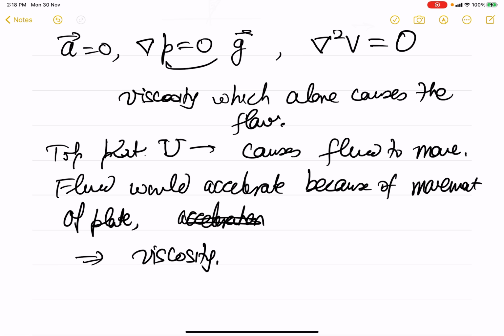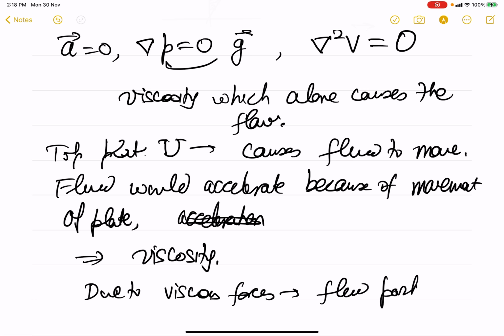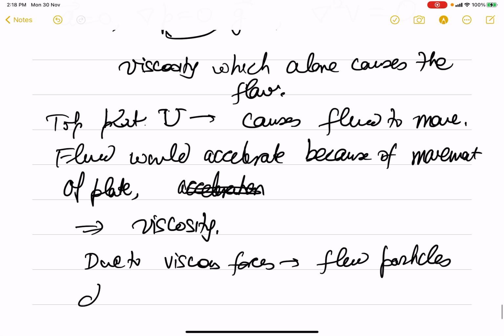This top plate moving would have otherwise led to an acceleration, but due to viscous forces, the fluid particles do not accelerate.